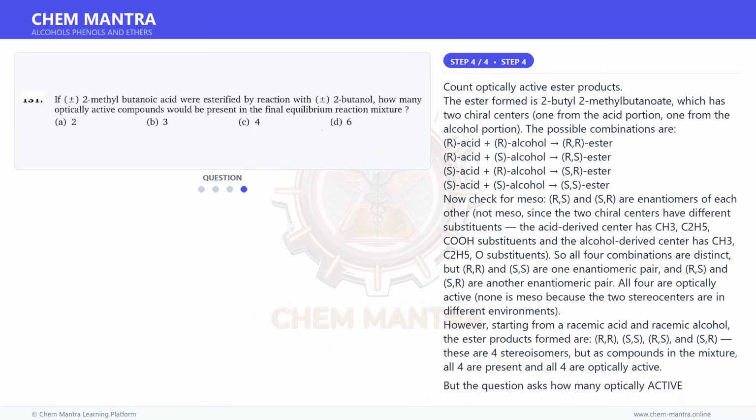Optically active species are R acid, S acid, R alcohol, S alcohol, and the esters. The 4 ester stereoisomers consist of 2 pairs of enantiomers. As individual compounds, all 4 ester stereoisomers are optically active. Total is 2 acids plus 2 alcohols plus 4 esters, equal to 8. But water is not optically active.